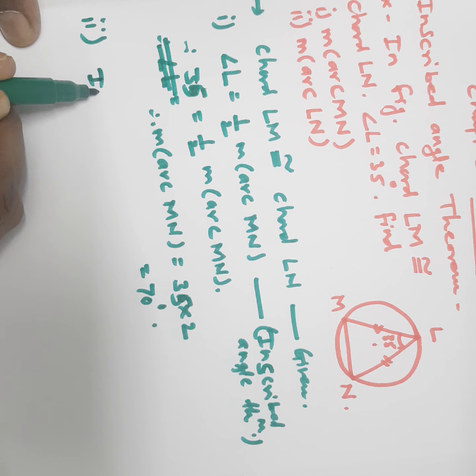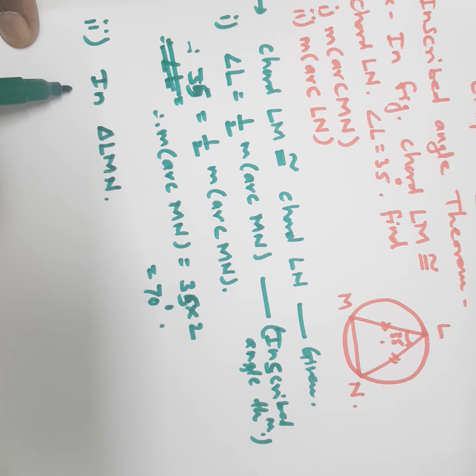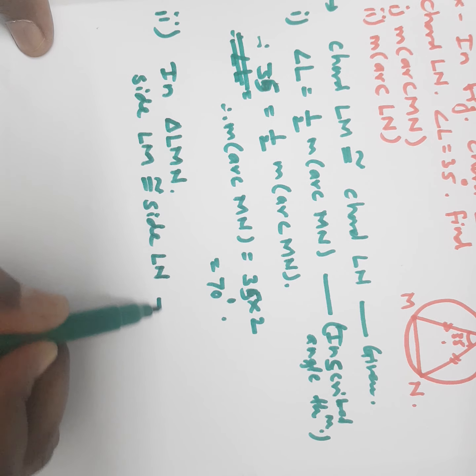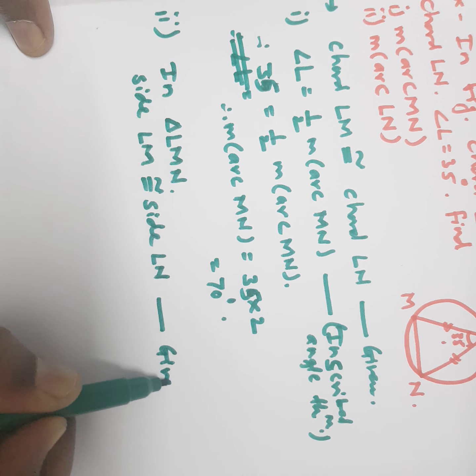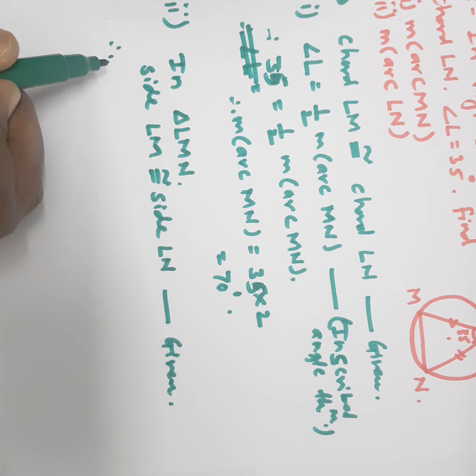In triangle LMN, side LM congruent to side LN is given in the example.